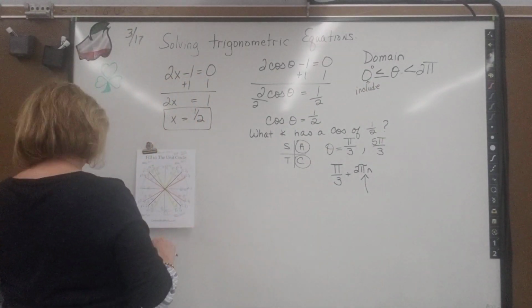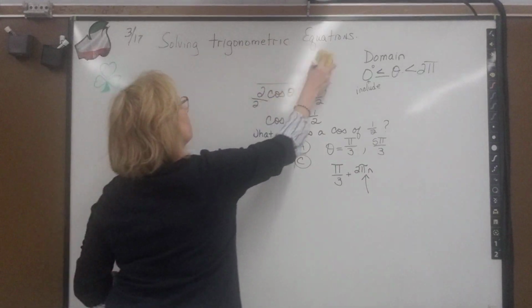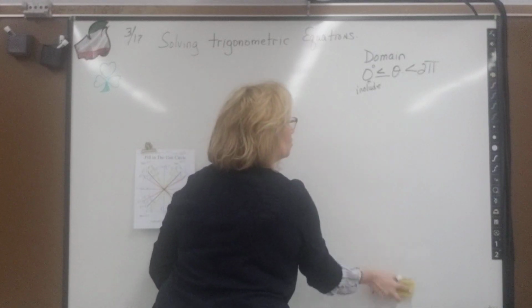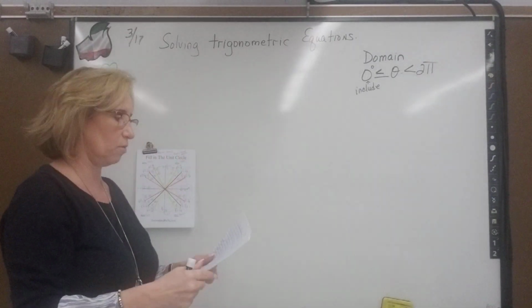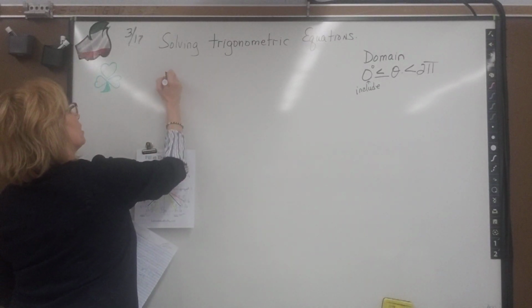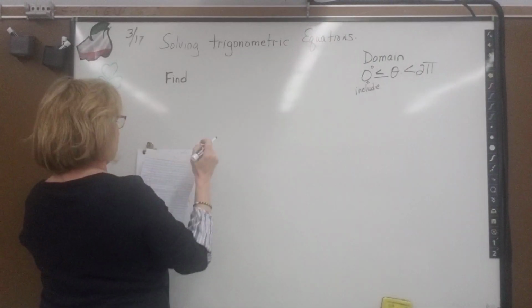Okay, so let's see how this is going to work and start solving some of these problems. I'm going to work out a few of them with you, then I'm going to ask that you pause the video and try them on your own. So, something like this. Well, first of all, let me give you the directions so you know. And this is going to be the directions on your homework assignment later.